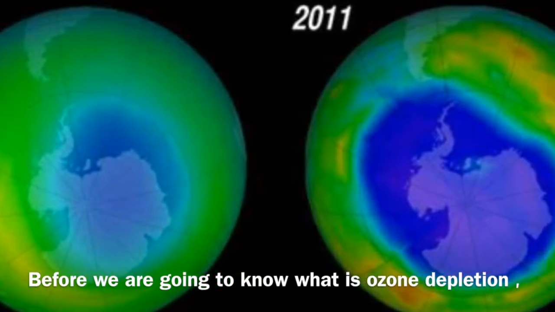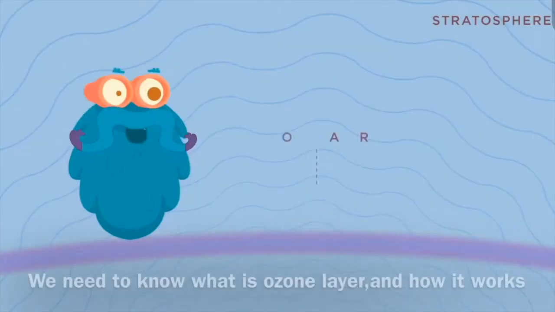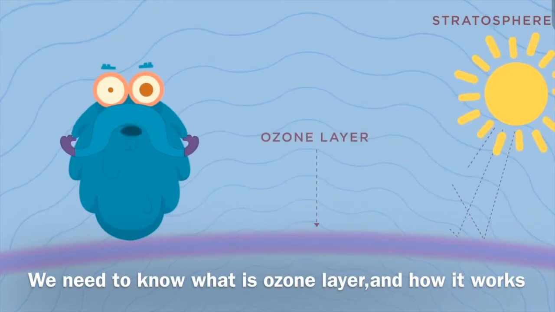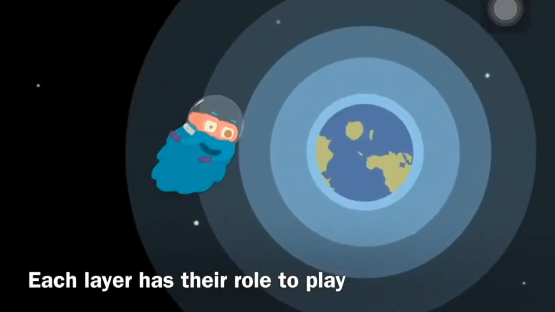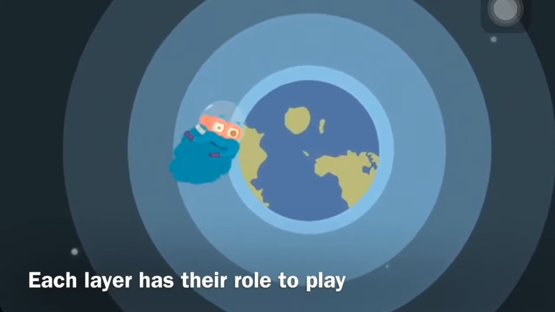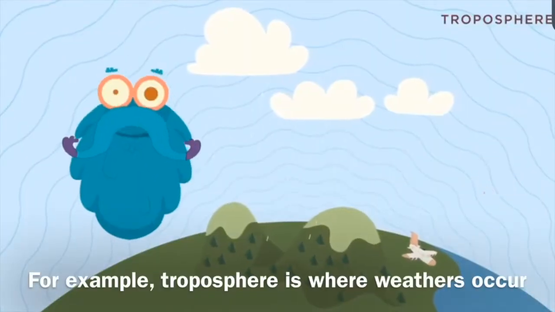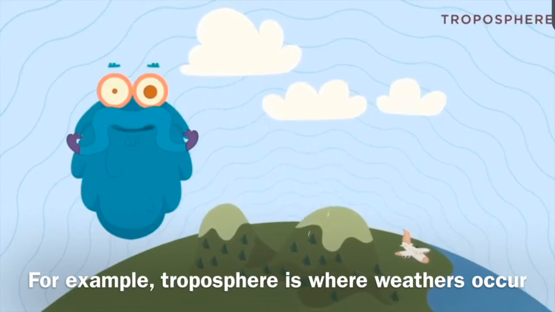Before we get to know what ozone depletion is, we need to know what the ozone layer is and how it works. Each layer has its role to play. For example, the troposphere is where weather occurs.